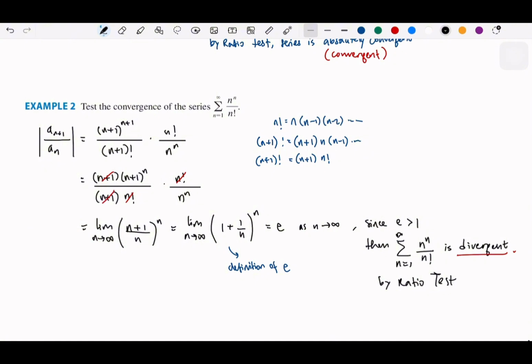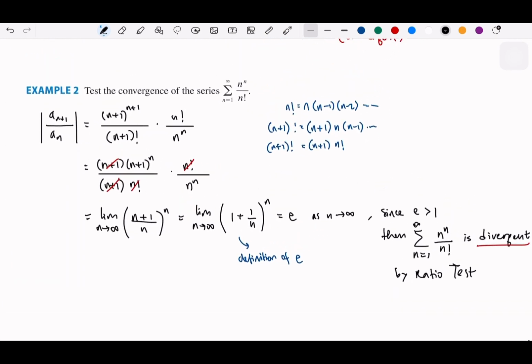This is if we are using the ratio test. But actually, if you just take some time to analyze, if we are using the divergence test by taking some numbers of the n, then we are going to see that it will be divergent. For example, taking the an is n to the power of n over n factorial.